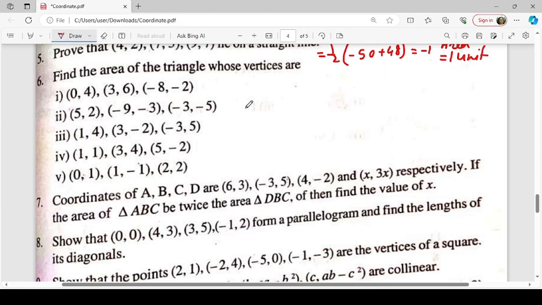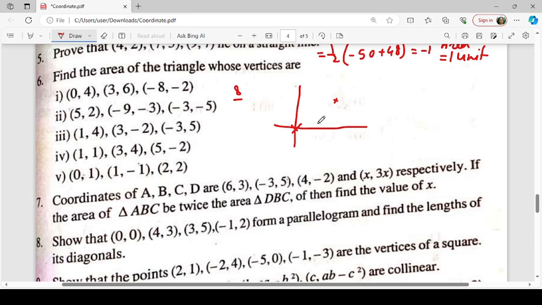So suppose we are plotting the points. Number 8, we see, number 8. When we plot the points, 0 0 is one point, then 4 3 is one point, 4 3 is somewhere here.